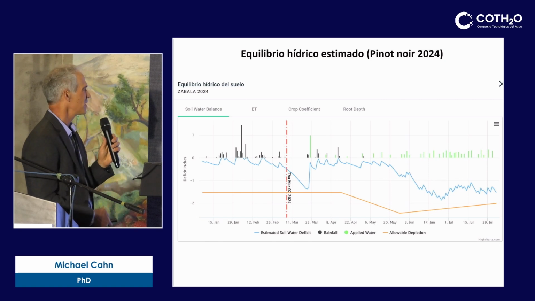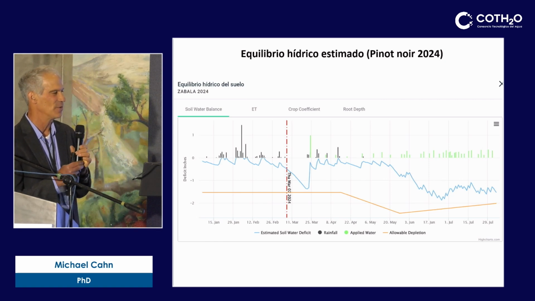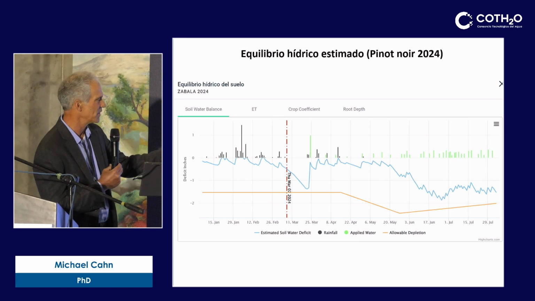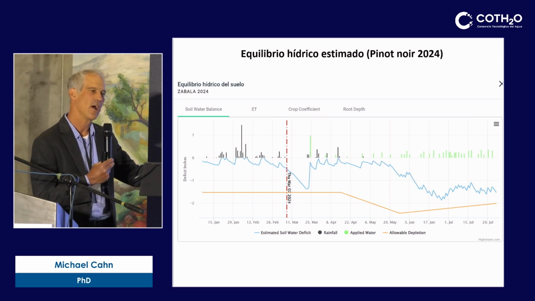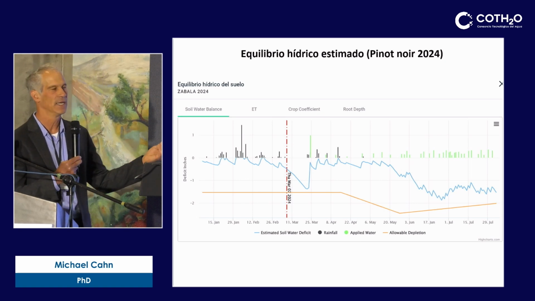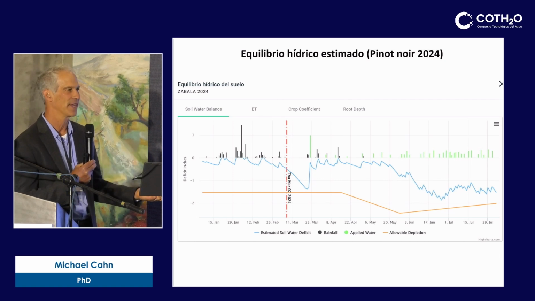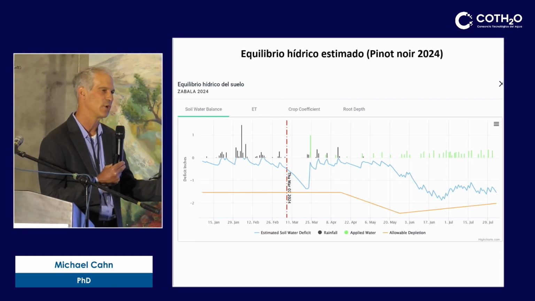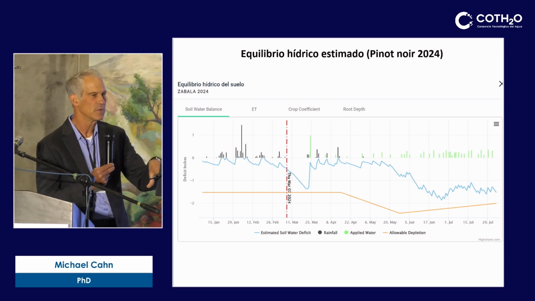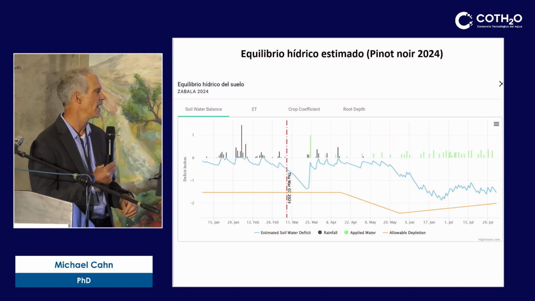So it estimates how much soil moisture we have in the beginning of the season. And this is to help growers make decisions on when to start irrigating, because they want to dry down the soil so they slow down the vigor of the vines.